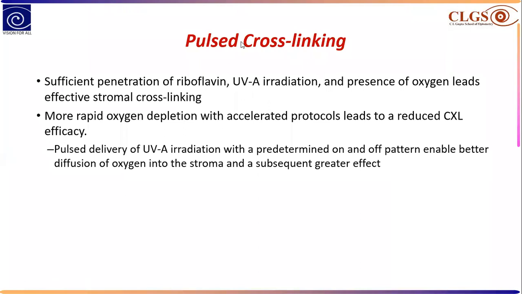The patient is exposed to UV radiation for a very short time, and the riboflavin exposure is also of very short duration. One thing that has been noted is that when we apply this radiation, there is a fast depletion of oxygen.